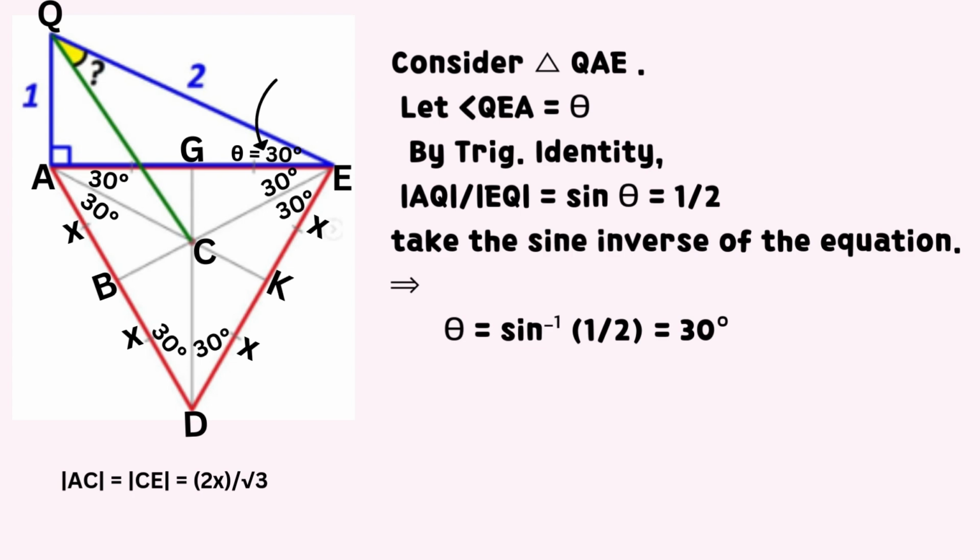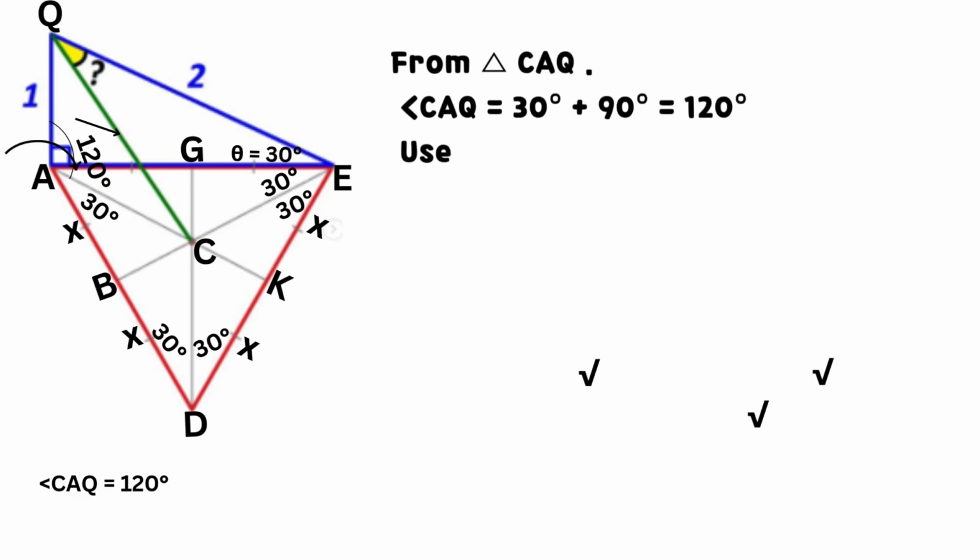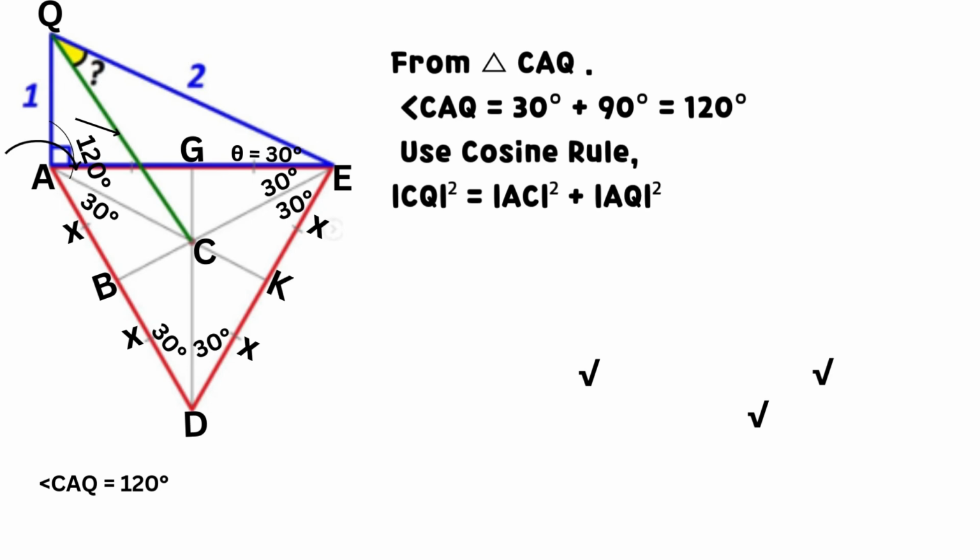It implies that theta equals sine inverse of half, which equals 30 degrees. From triangle CAQ, angle CAQ equals the sum of 30 degrees and 90 degrees, which equals 120 degrees.